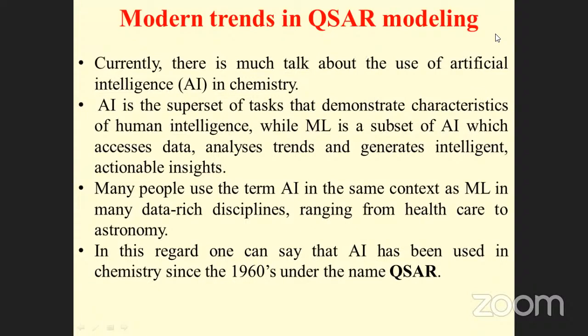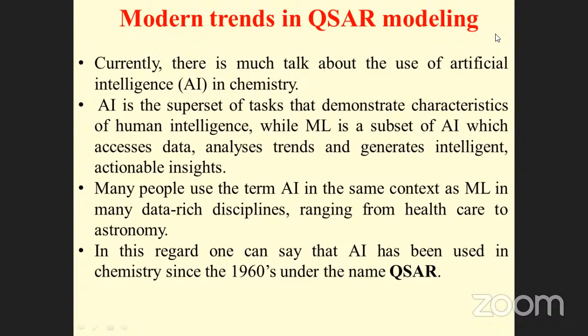But in CADD, with the beginning of the computers, we were using machine learning. Machine is learning how to identify a good drug. And AI is only one of the branches of machine learning. And way back in the 1970s, artificial intelligence was introduced in computer-aided drug designing. Okay, but we are not using it anymore.